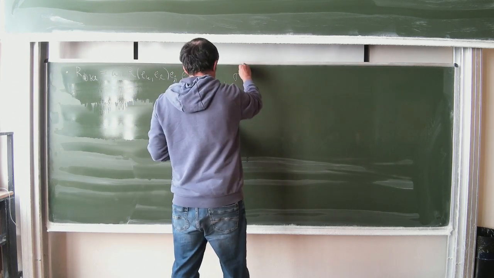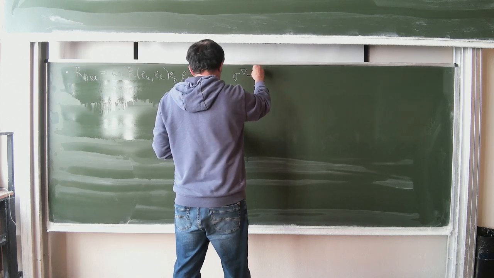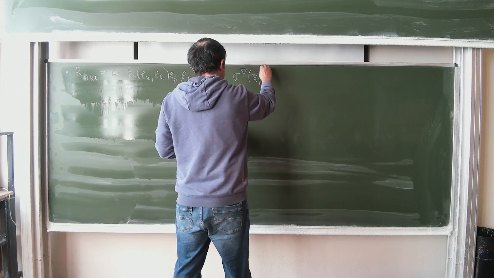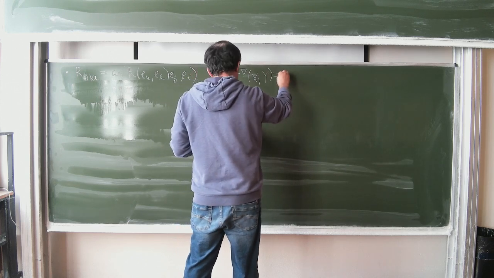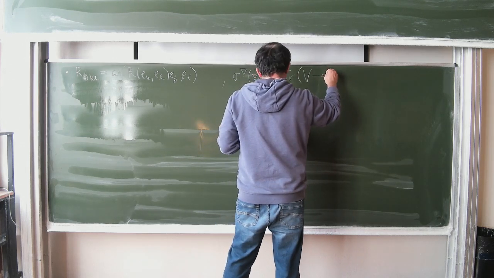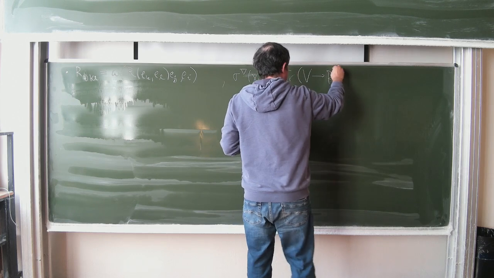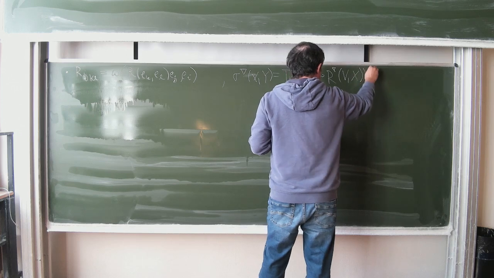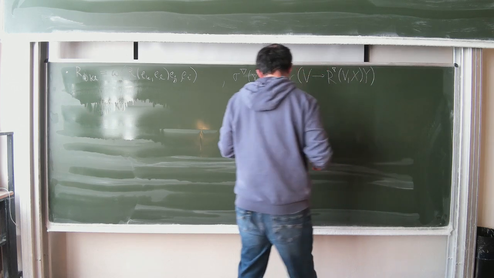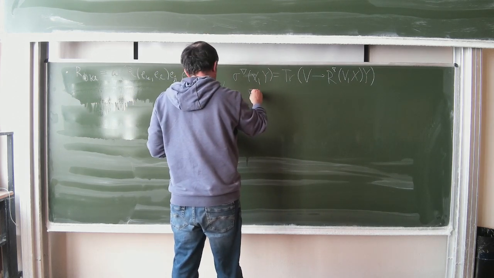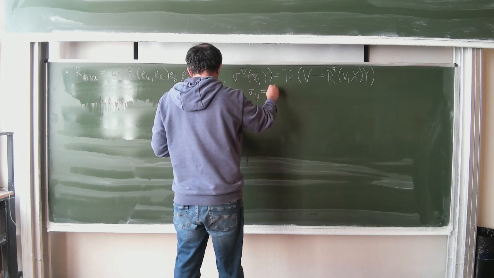Now, the symplectic Ricci tensor is defined by the same formula as you know from Riemannian geometry. And sigma ij will stay the known.